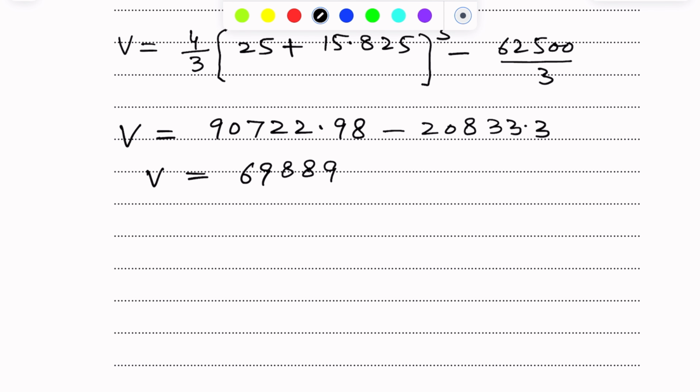We have to give the answer in three significant figures, so finally we get 69900, correct to three significant figures. This is the answer.